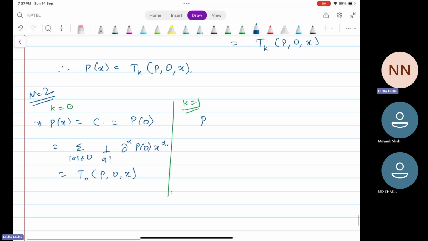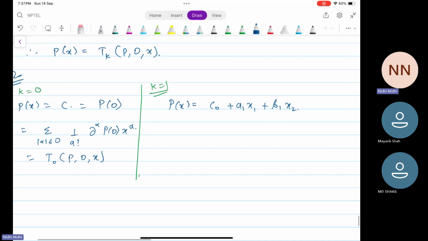Then for k equals 1, p(x) is something of the form, instead of a0 I should write c0, c0 plus a1 x plus b1 y, or x1, x2. Now again, p(0) is equal to c0.